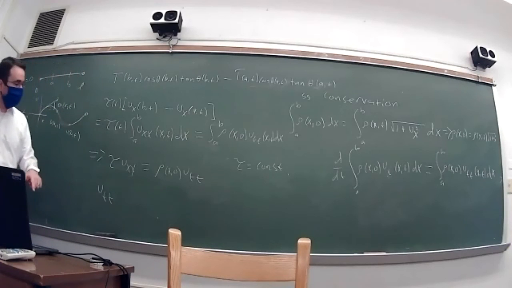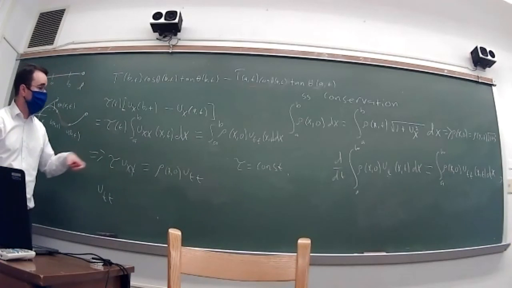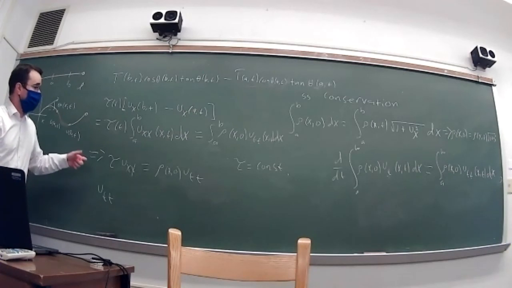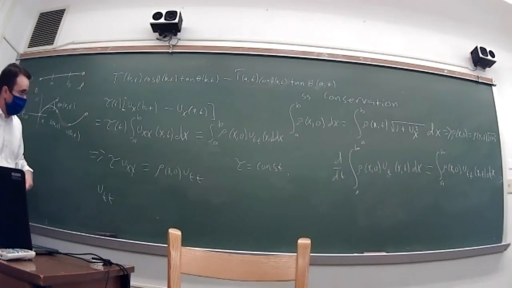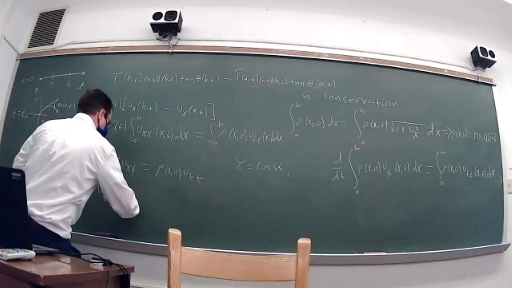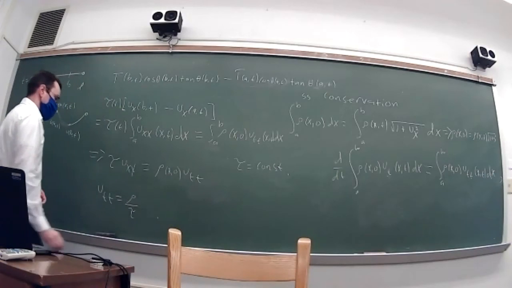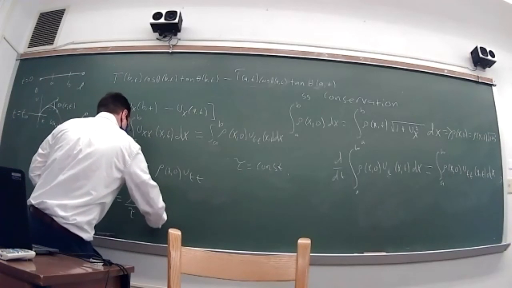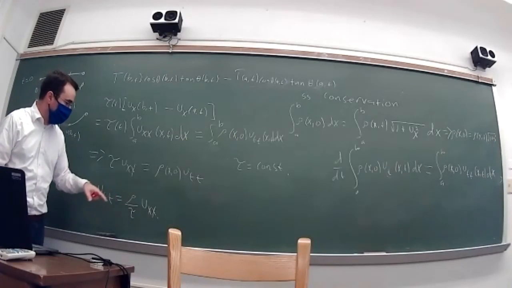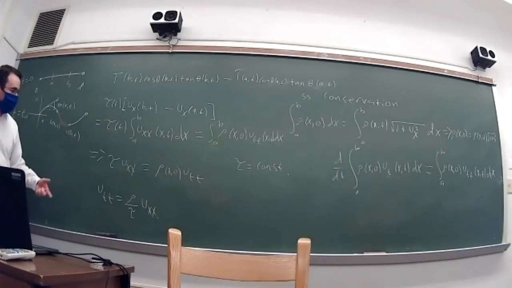The question, by the way, for the audience was, what if this isn't constant? What could you do? The answer is you would just have a different model modeling a different situation. So this is going to be rho over tau, u_xx. And density and tension are both positive quantities.